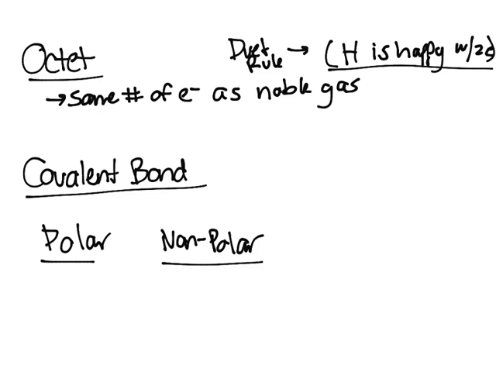Certain atoms pull electrons more towards them than other ones, and that would be defined as a polar bond. If you have two of the same atoms, for example O2, oxygen, that would be a nonpolar bond.